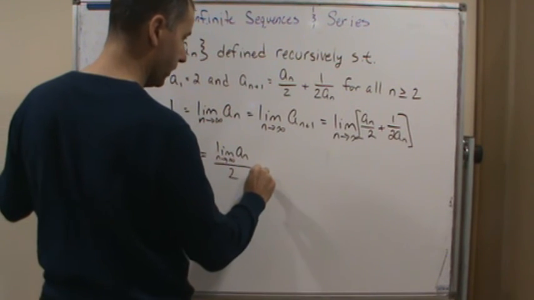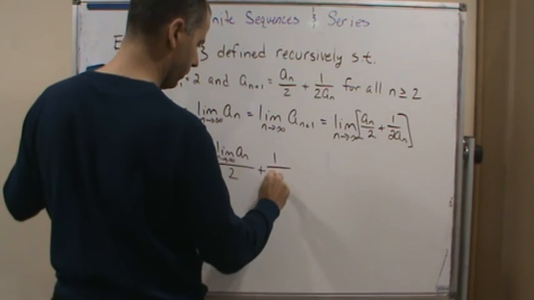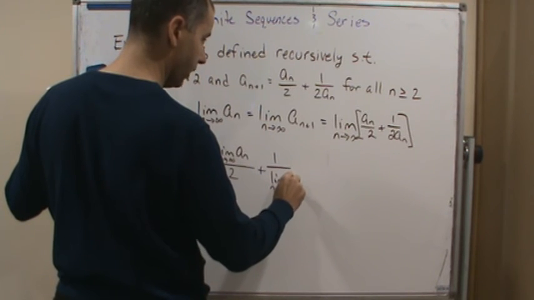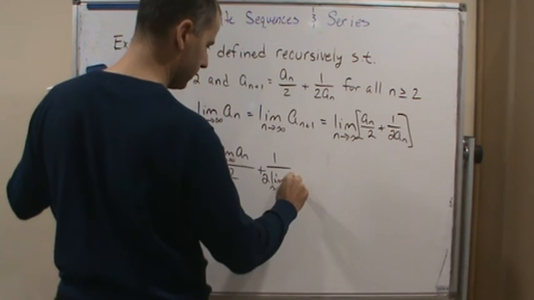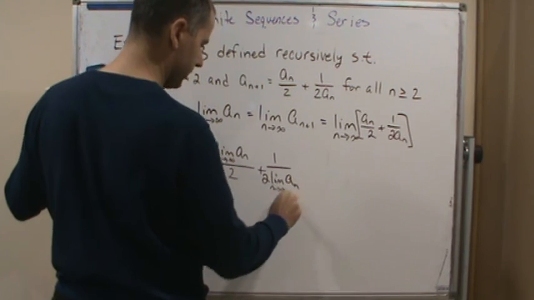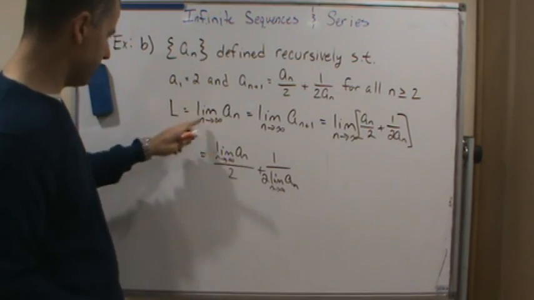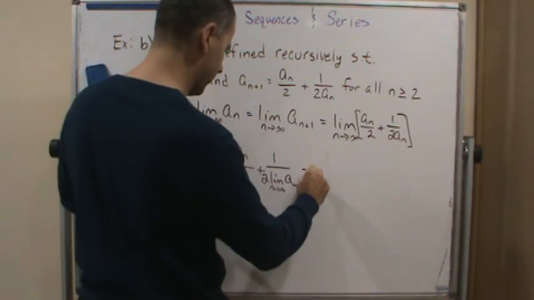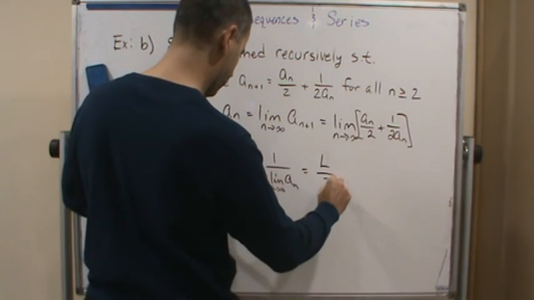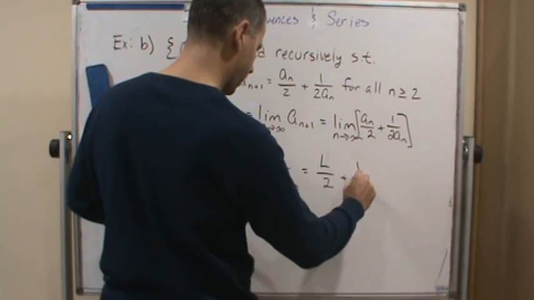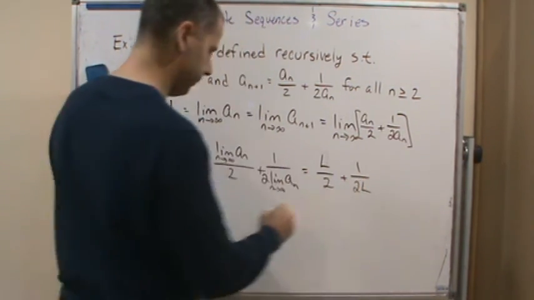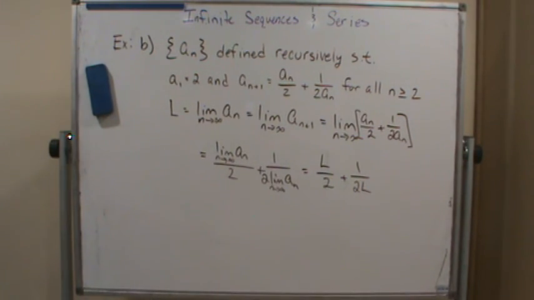Well, we already know that this limit is L, so we get L over 2 plus 1 over 2L. Well, now we've got an expression that we need to solve.